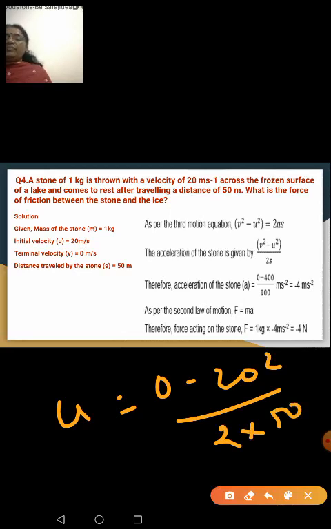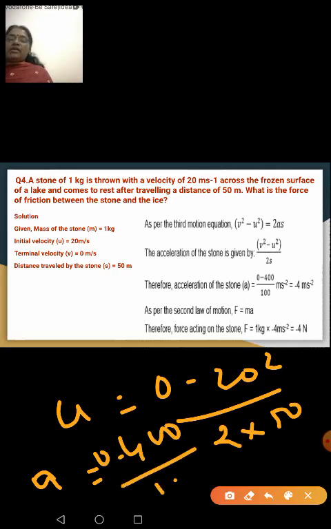Your initial velocity is 20 square and the final velocity is 0, so 0 will leave. 20 square will be 400, right? So 0 minus 400 upon 100.